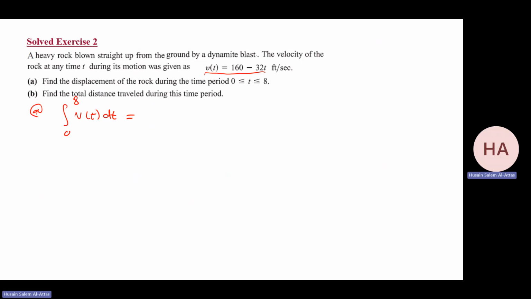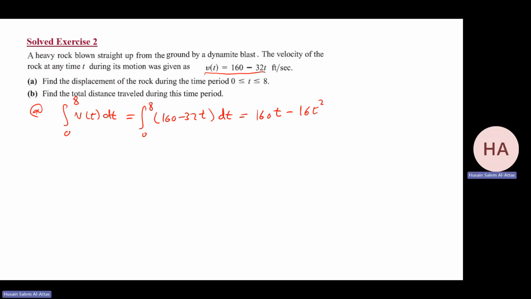Because that will give you the net change of the position. That gives me 0 to 8, 160 minus 32t dt. That will be 160t minus 16t squared.